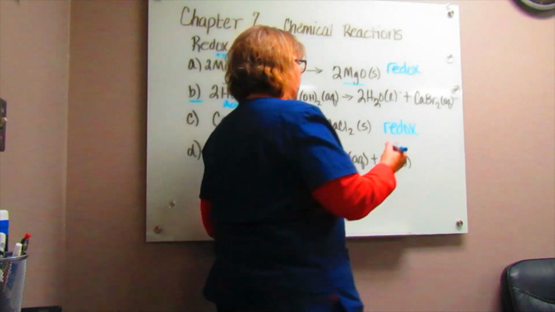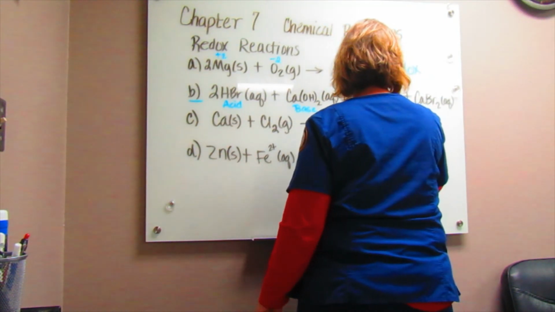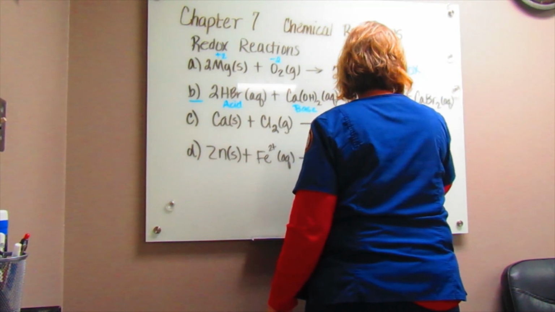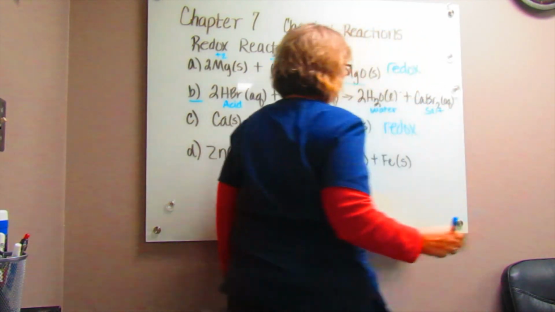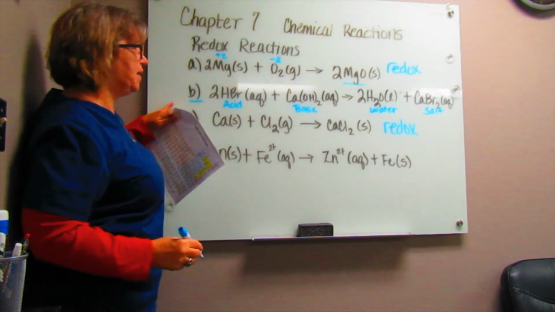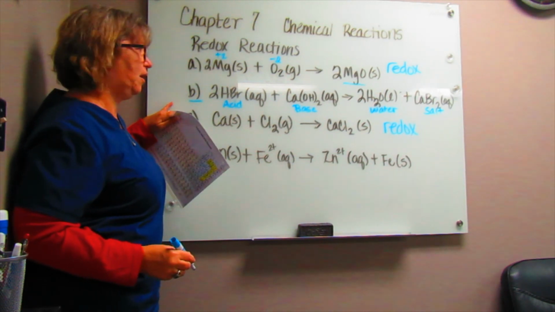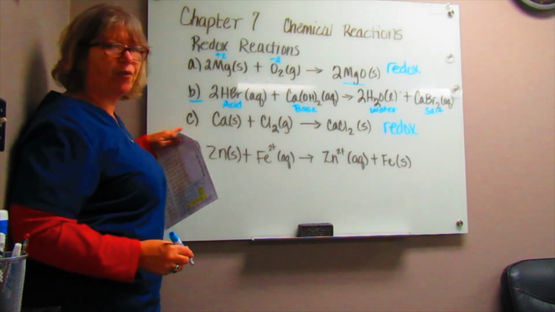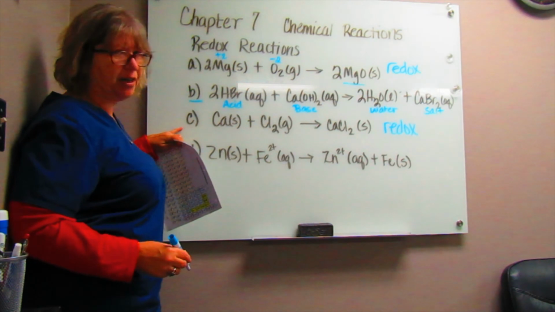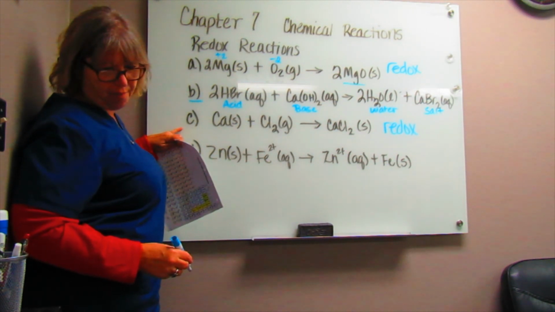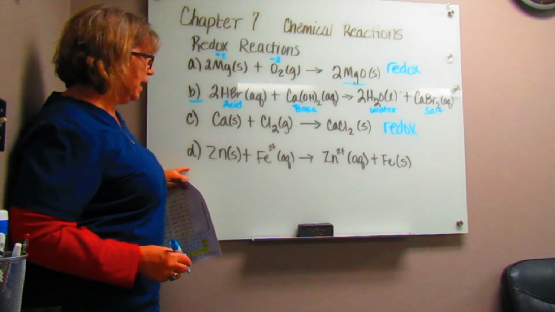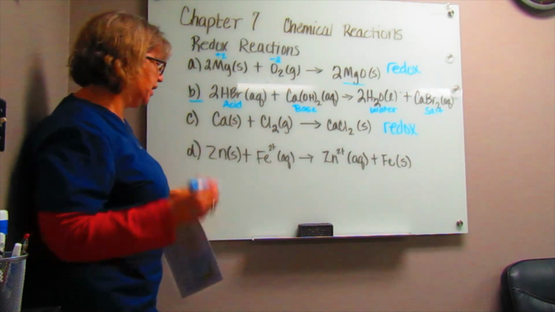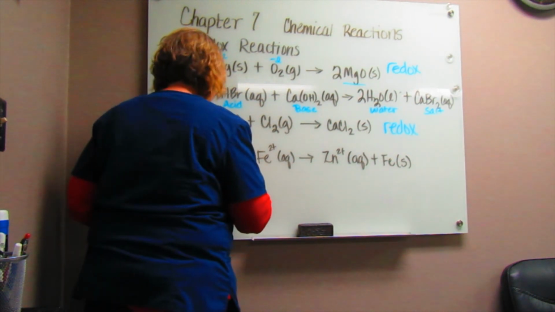So it creates a water and a salt. So this is an acid-base reaction, not a redox reaction. C, we've already identified as a redox reaction between a metal and a non-metal. D is a redox reaction. It is indeed a redox reaction.